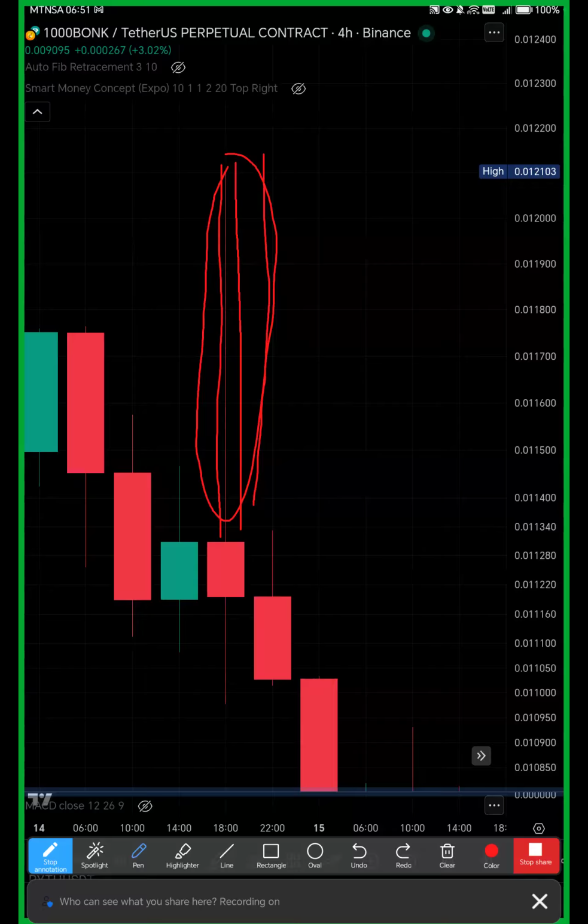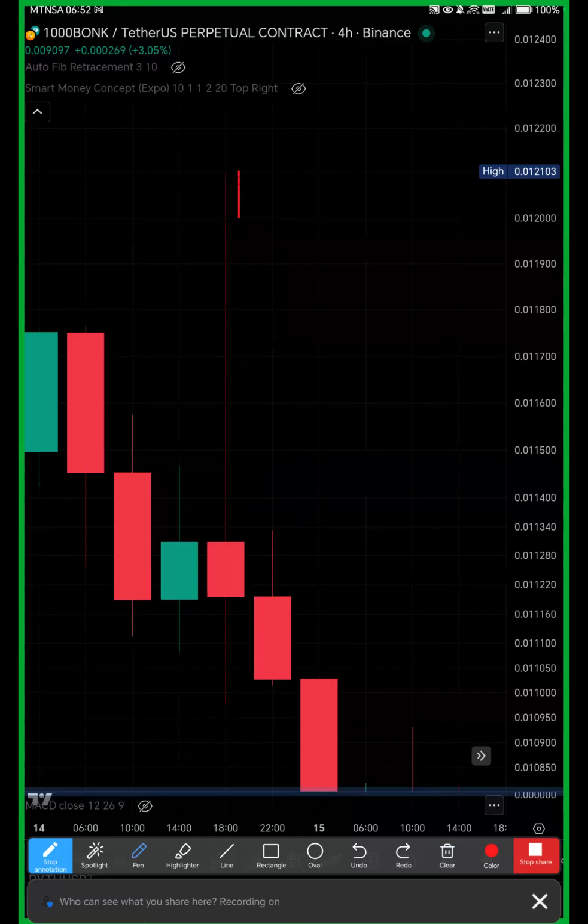Unfortunately, for one reason or the other, the buyers could not keep the price on top here. Then there was a selling activity that started to happen until the price came back to where it opened. Not only that, the selling activity passed the opening and then it came down here.